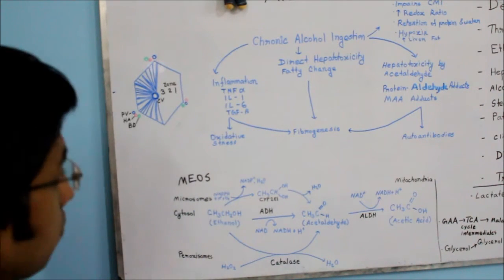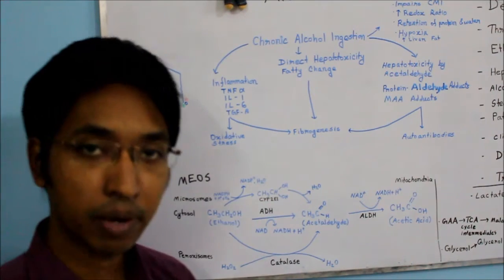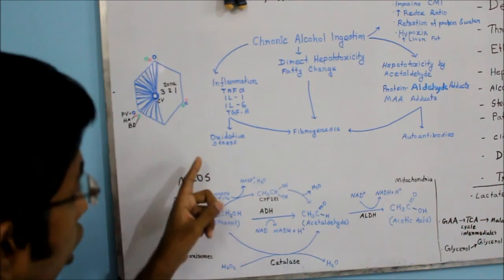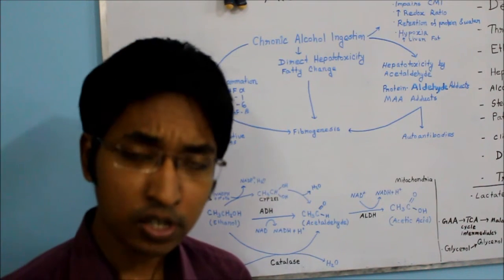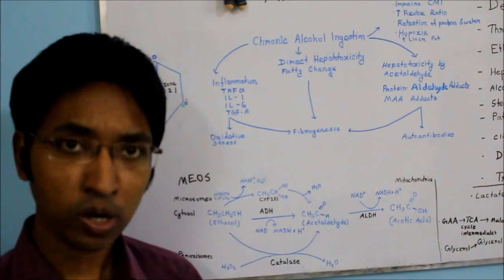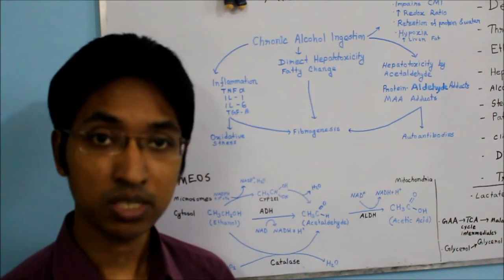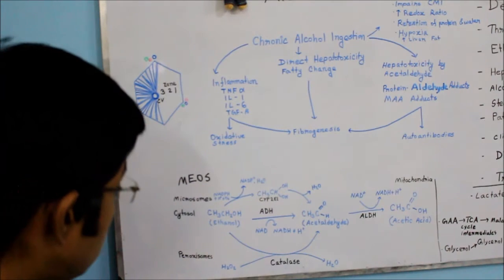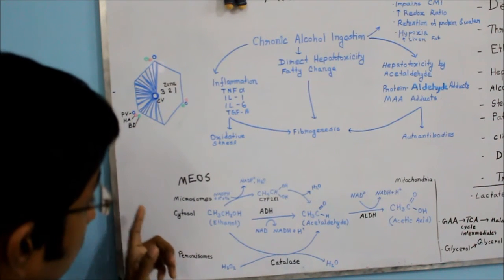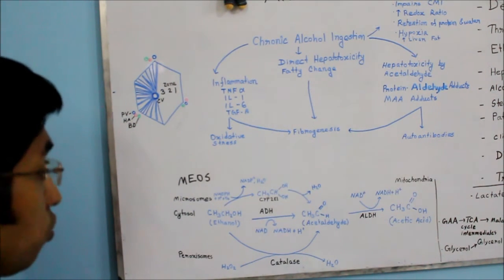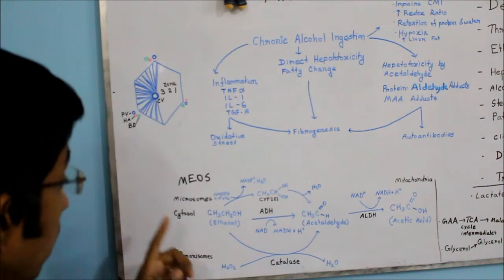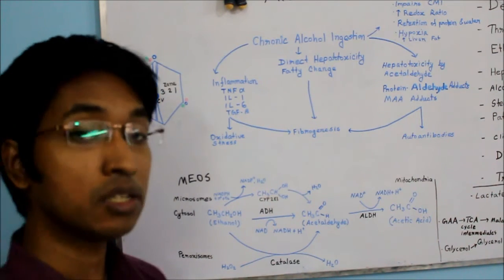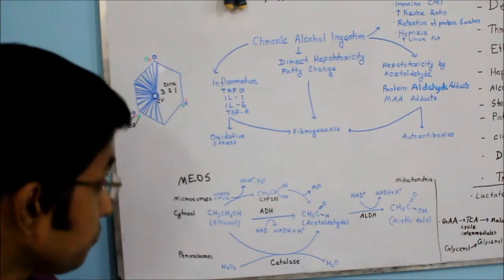Moving on to the fifth mechanism involved in the pathogenesis of alcoholic liver disease, and that one is oxidative stress. Recall from the previous video on alcohol metabolism, we saw that alcohol is also metabolized partially in the microsome. For example, we mentioned the microsomal ethanol oxidizing system, where we saw cytochrome P450.